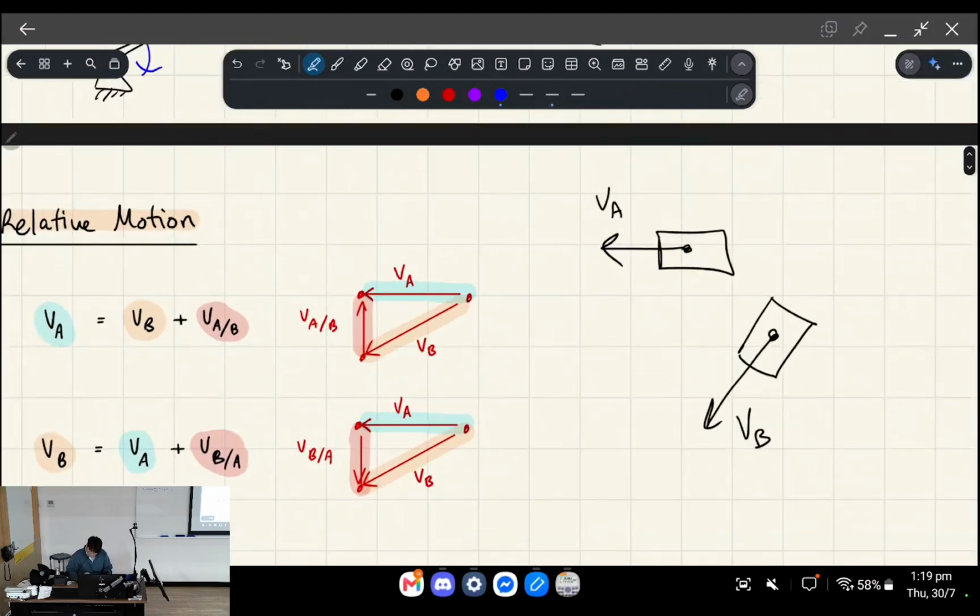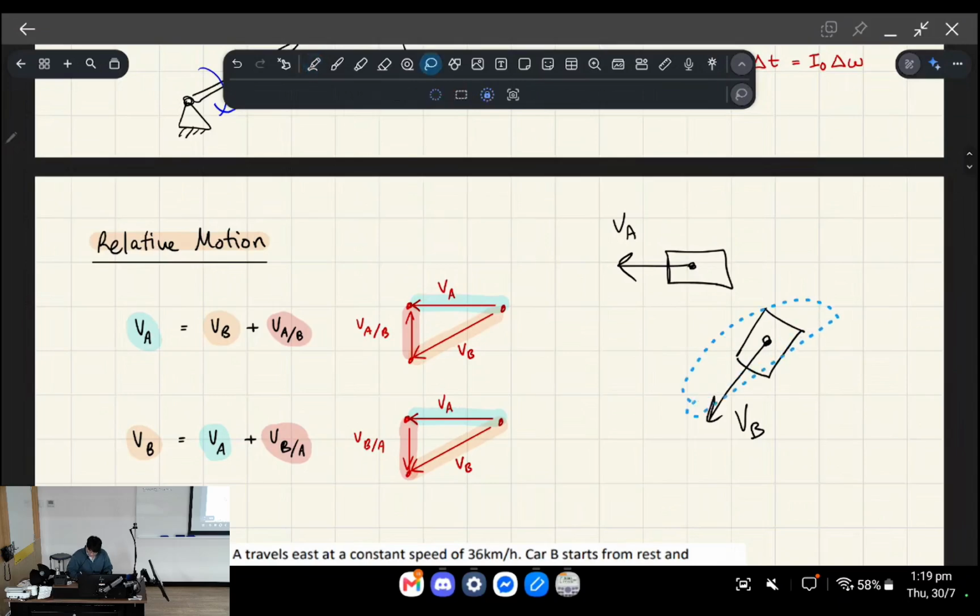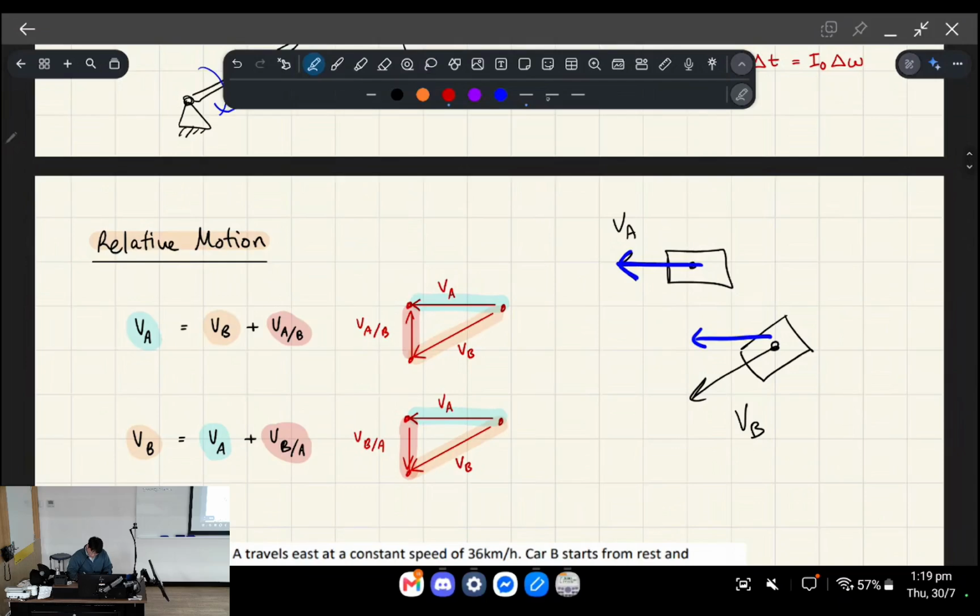Let's just say, for the sake of this demonstration, and I'm just going to rotate this slightly, that the horizontal component of that velocity vector for object B is the same size as VA, okay? The horizontal component only, right? So if we drew VB and VA originating from the same point, like so.